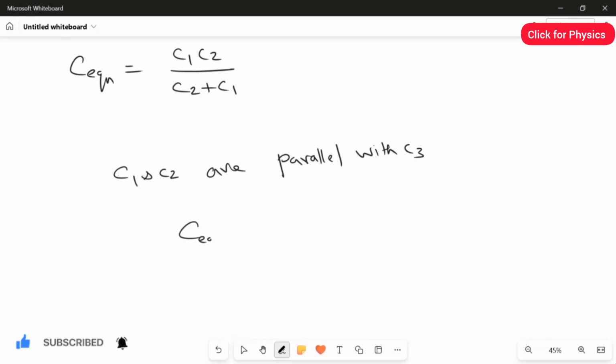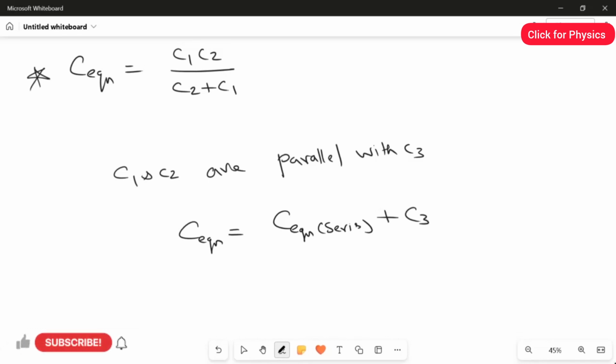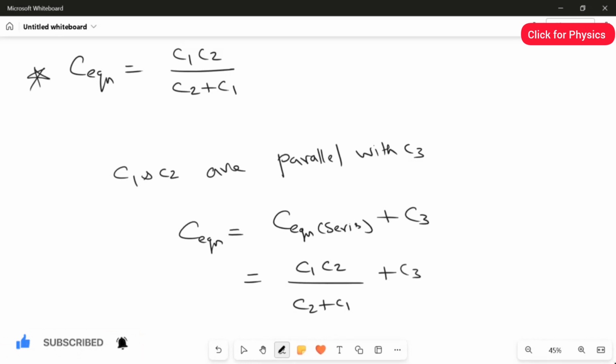So C equivalent of these three capacitors is given by the C equivalent capacitance of the series plus the third capacitor. As we already have the formula for the equivalent capacitance in series, we substitute it here: C1 C2 over C2 plus C1, plus C3. Once you substitute the values, we will get the answer for the equivalent capacitance of these three capacitors.